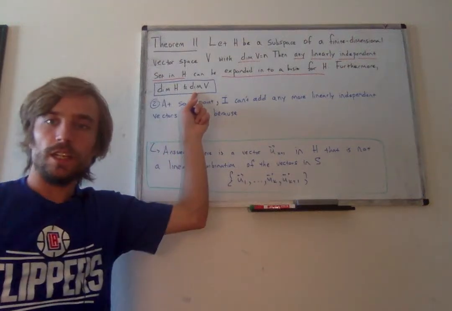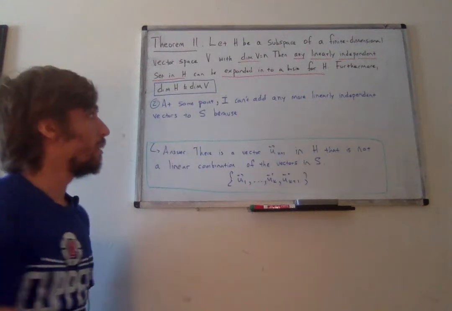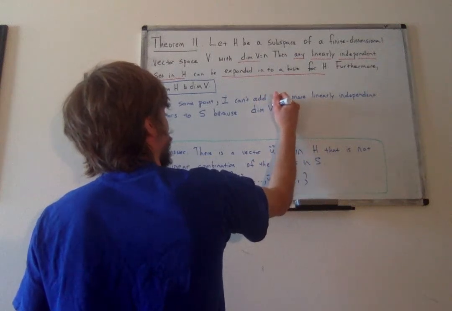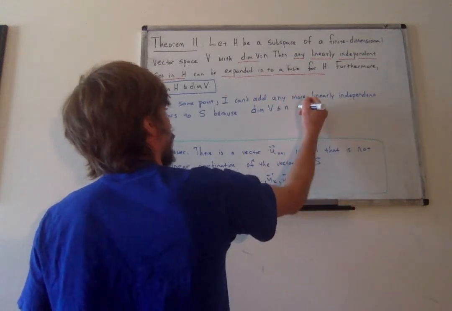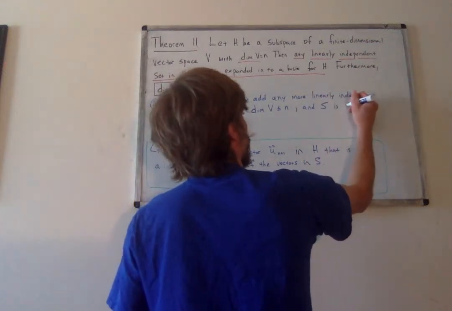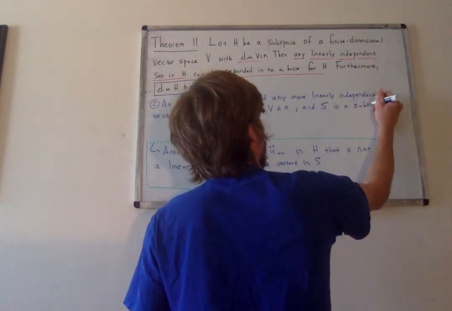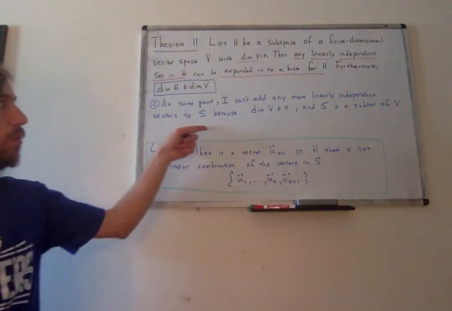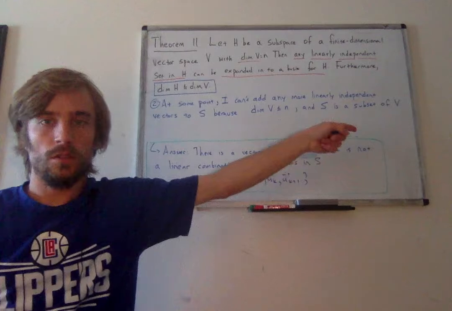we know that V is finite dimensional. The dimension of V is less than or equal to n, and S is a subset of V. Why is this all true?